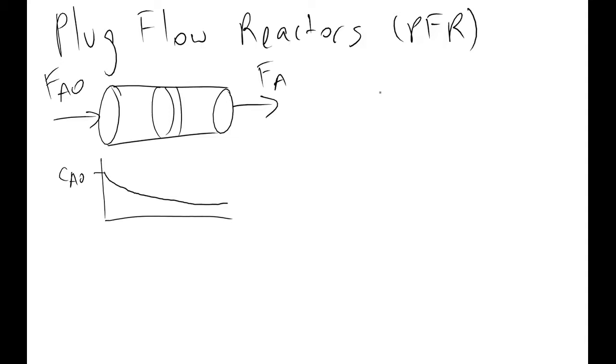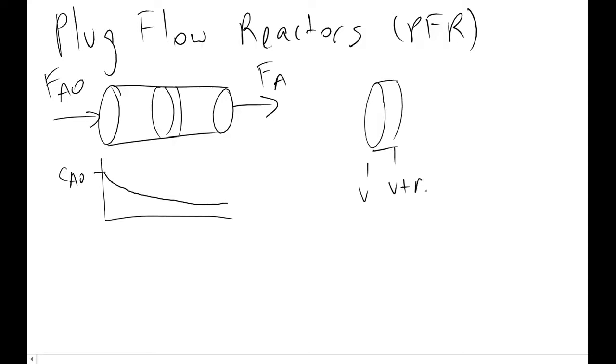And in this shell balance, if we zoom in on this disk, I will call the initial point V and the ending point V plus delta V. We will have some moles of A coming in at V, and we'll have some moles of A leaving at V plus delta V. And inside this volume element, we have a reaction occurring.